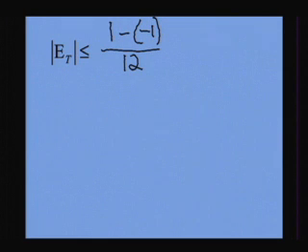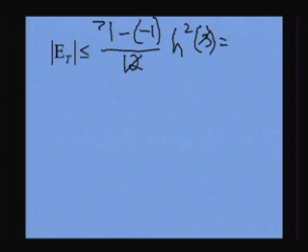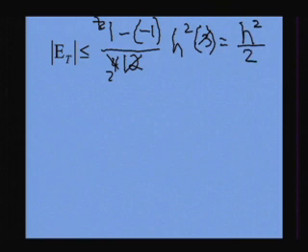Then we have H squared, and then times 3. And when we work all of that out, in terms of canceling, this is 2 here, and that helps to cancel this down to 2. We get H squared over 2.